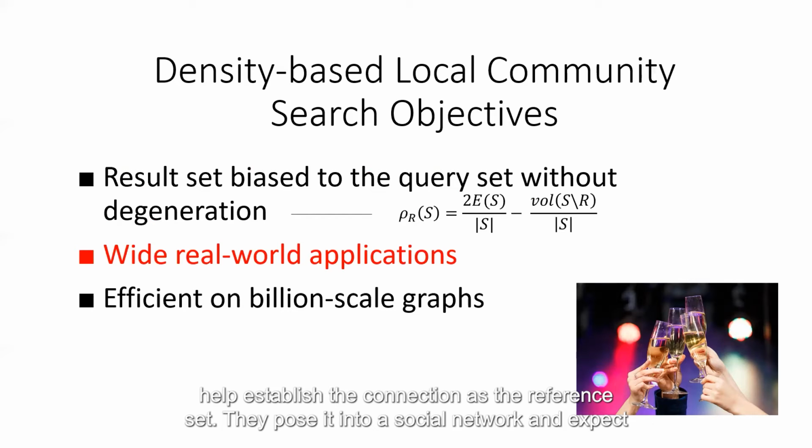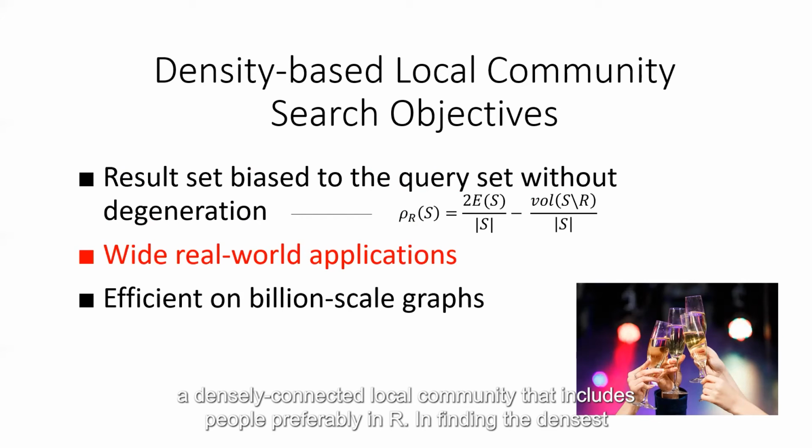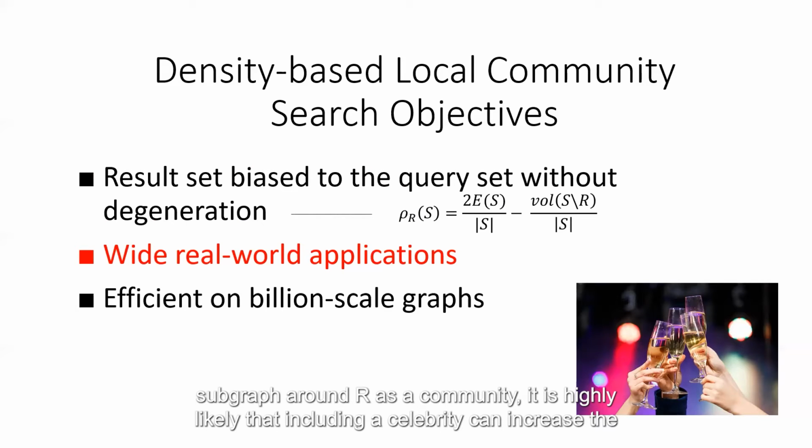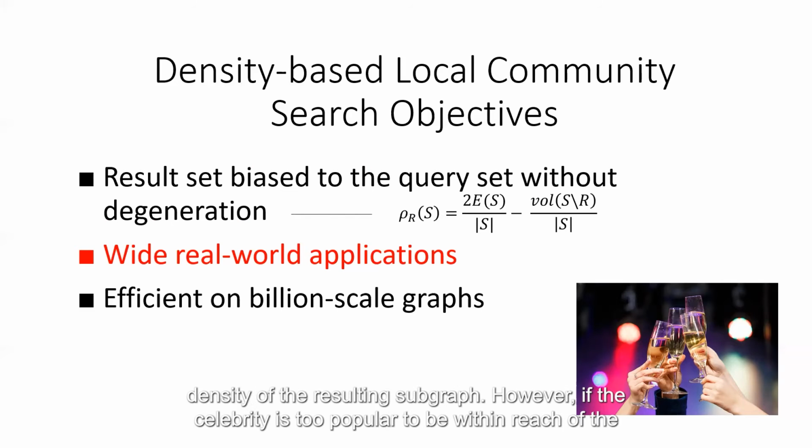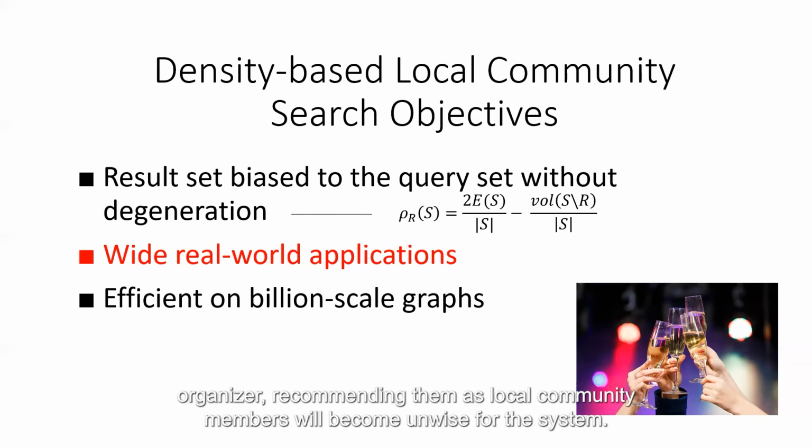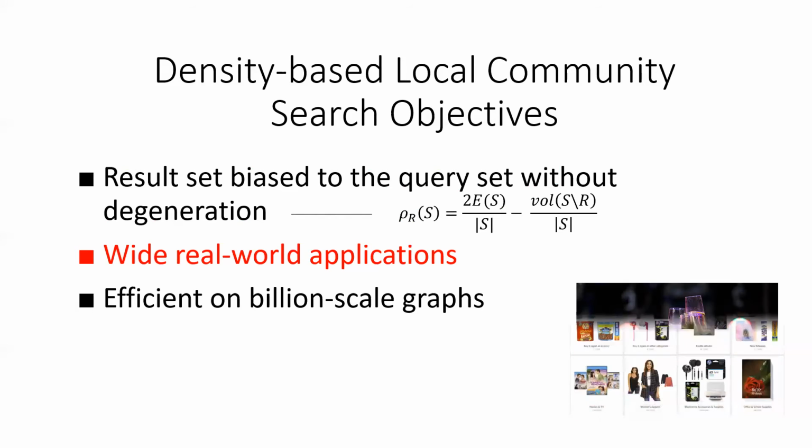They post it into a social network and expect a densely connected local community that includes people preferably in R. In finding the densest subgraph around R as a community, it is highly likely that including a celebrity can increase the density of the resulting subgraph. However, if the celebrity is too popular to be within reach of the organizer, recommending them as local community members will become unwise for the system.